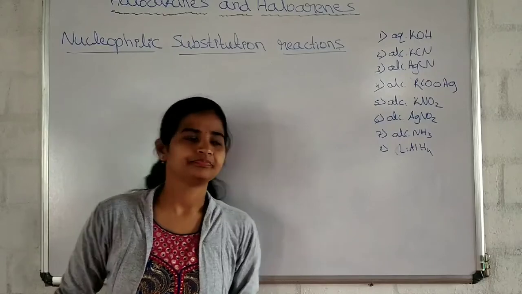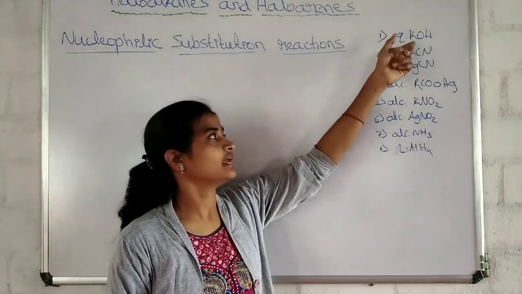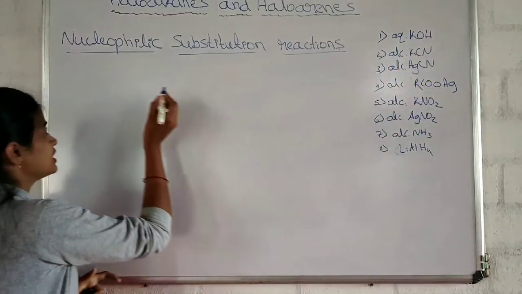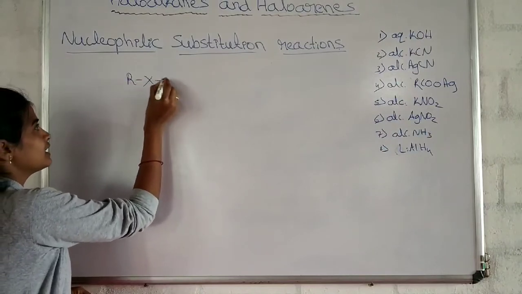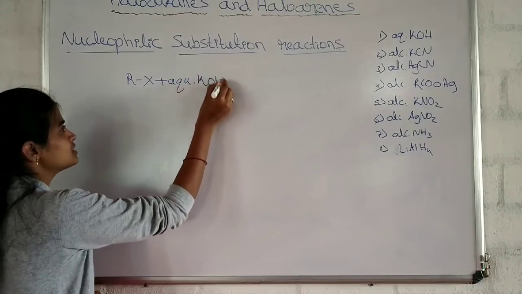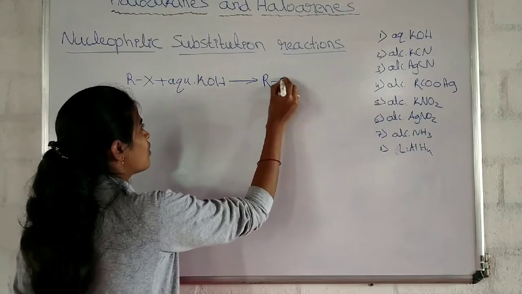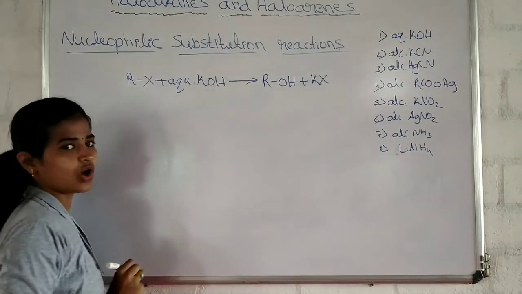In the previous class, we have studied the reaction of alkyl halides with aqueous KOH. Alkyl halide reacts with aqueous KOH to form what? Alcohol with the elimination of potassium halide salt.